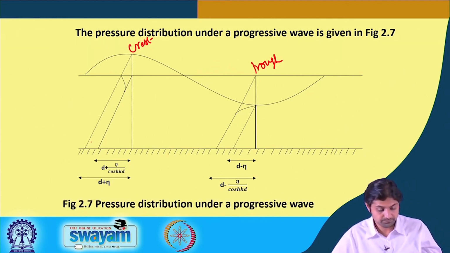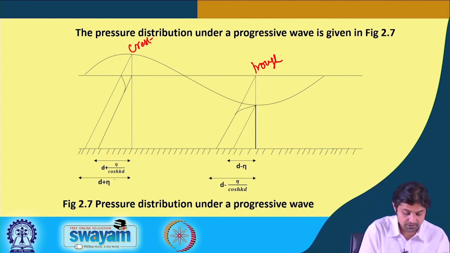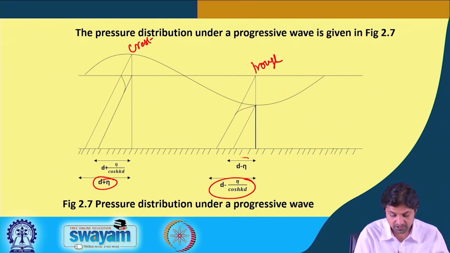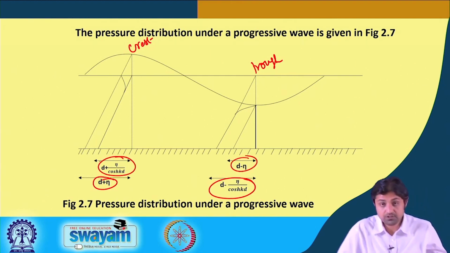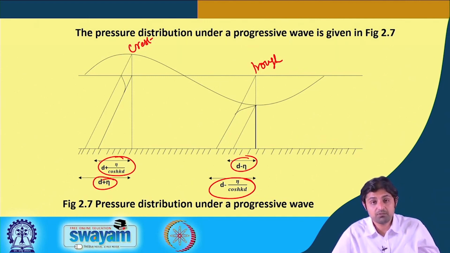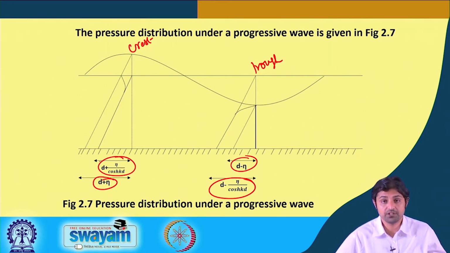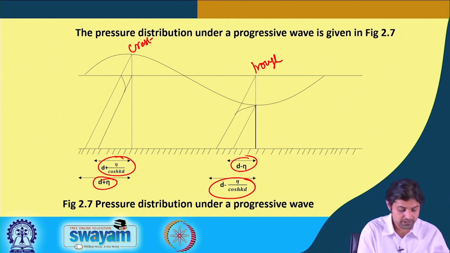So this is the pressure distribution under a progressive wave. These terms are important: d plus eta, d minus eta by cosh kd, d minus eta and d plus eta. In questions you can be given, for example, this curve and asked to label what this quantity is and other things.